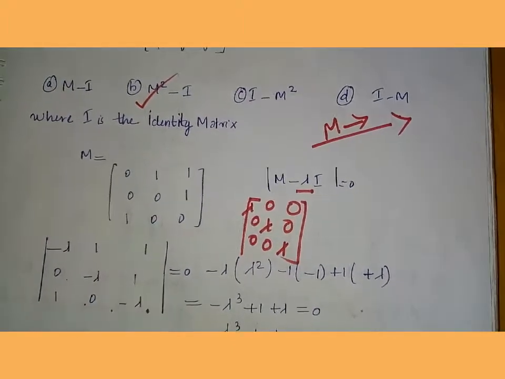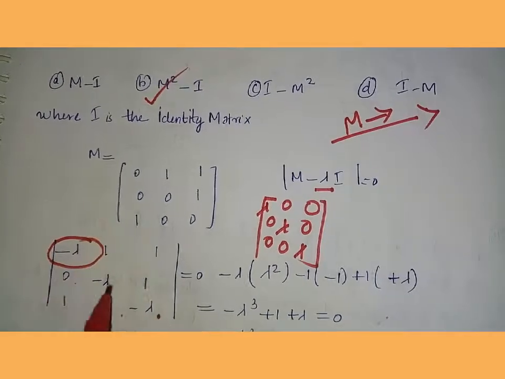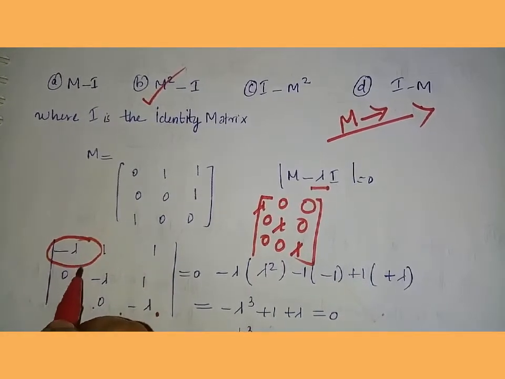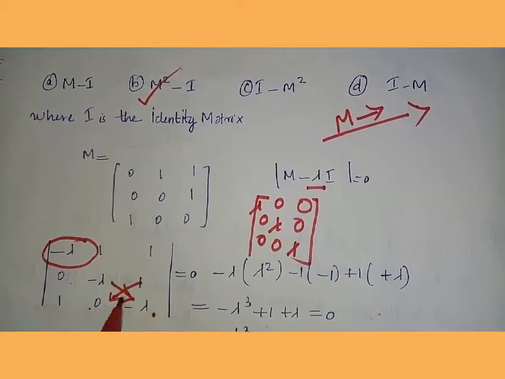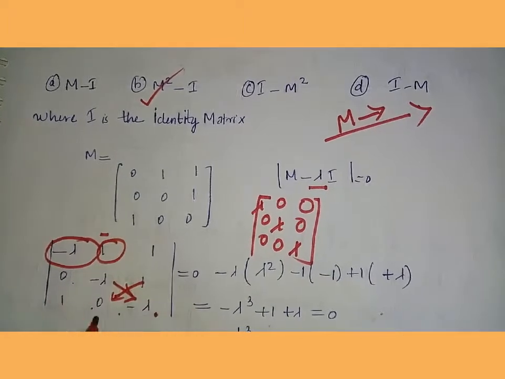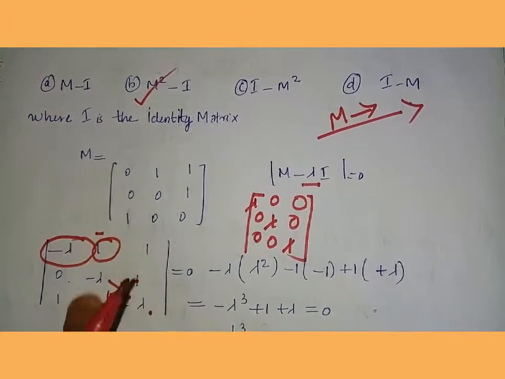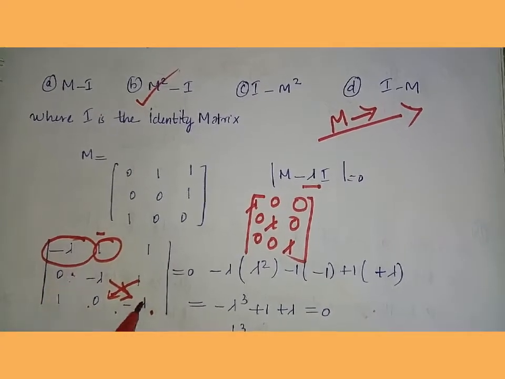After that we have to find the determinant. We know how to find the determinant. Take the first term, neglect its row and column, and multiply the remaining terms. Then take minus the second term, neglect the row and column which belong to the second term, and multiply these terms.